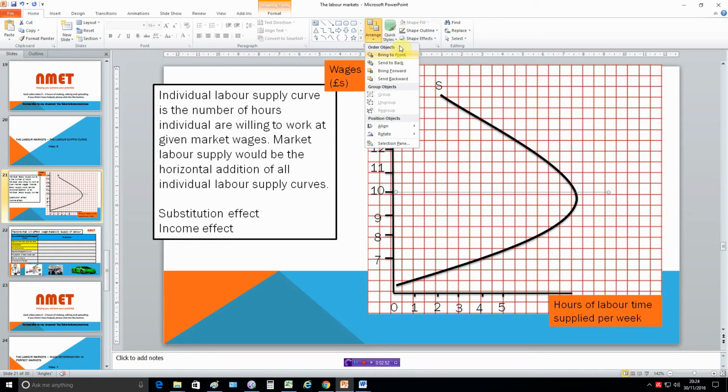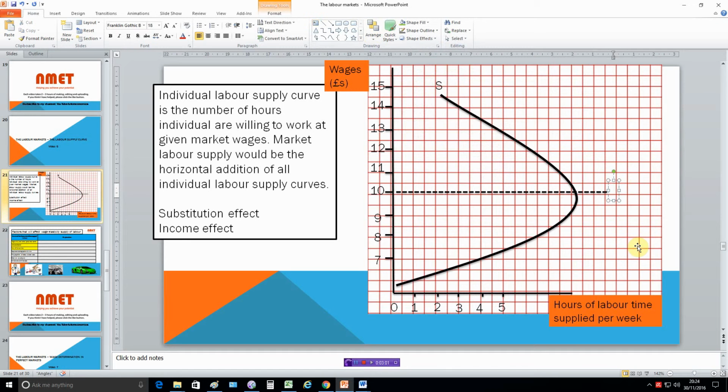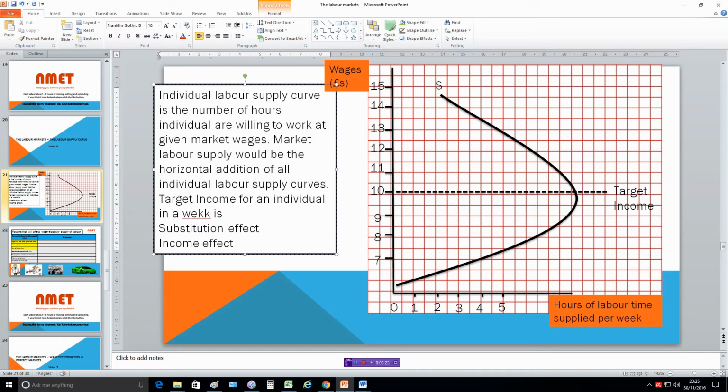Let's say this is where target income is. So target income for an individual in a week is £400.